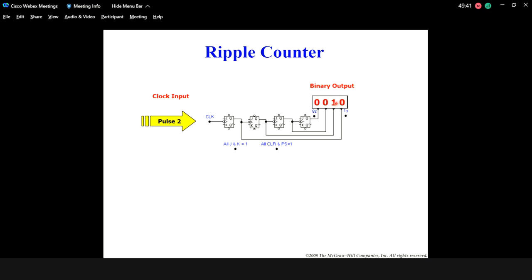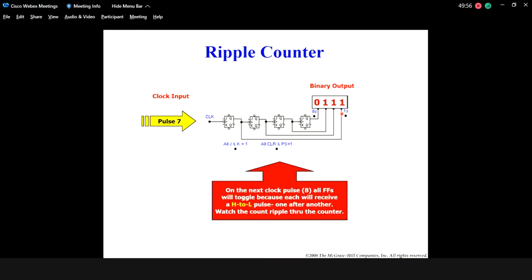So you get an increment from 1 to 10, and then signal 3 comes, it increases and goes as usual until it becomes 1111. Okay, because this is a 4-bit binary.